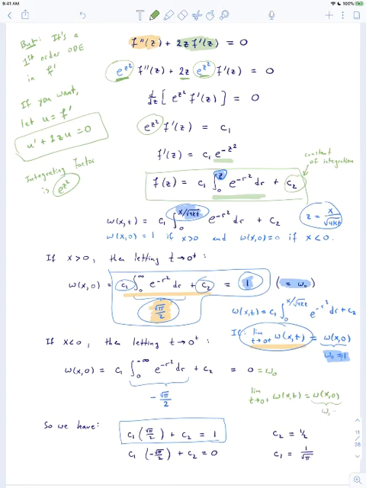It's w sub 0, which is 0 in this case. And again, we're looking at t going to 0 from the positive side, but let's look at what's in the upper limit of integration again. Now t is going to 0 from the positive side, of course. So now it's a negative number divided by this factor here, which is going to 0 from the positive side.